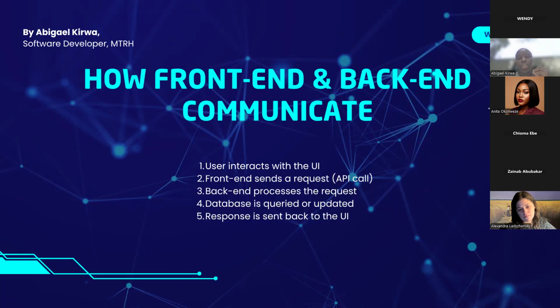But assuming it has gone through successfully, then the database is queried or updated. And then the backend will send a response back to the UI, maybe in the form of an alert saying you have successfully submitted your details or registered.